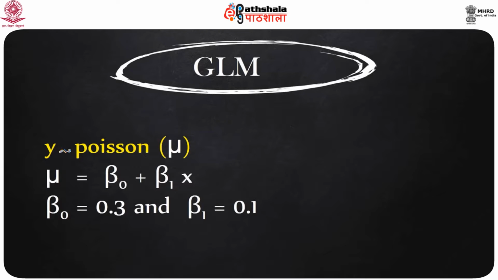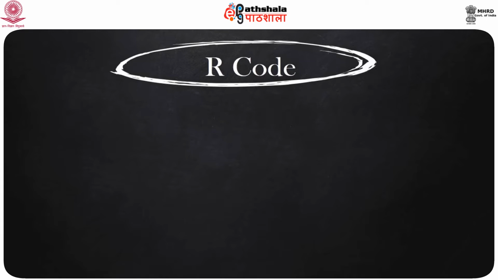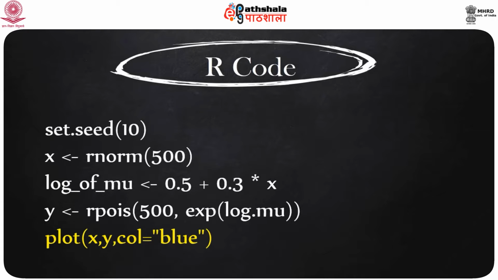So let us see how we can get this in R. Here we are setting the seed to be 10, and as we know, this is for our convenience. Next, as it had been told earlier, we are specifying a normal predictor here, and we can see that the x variable contains 500 random numbers from the standard normal distribution, that is, mean 0 and variability specified to be 1.